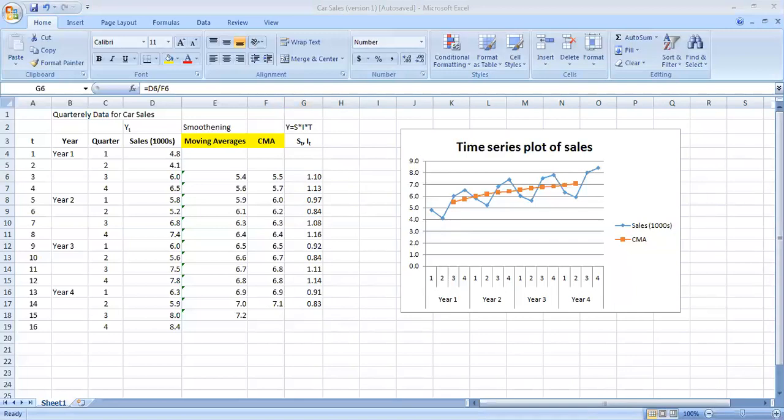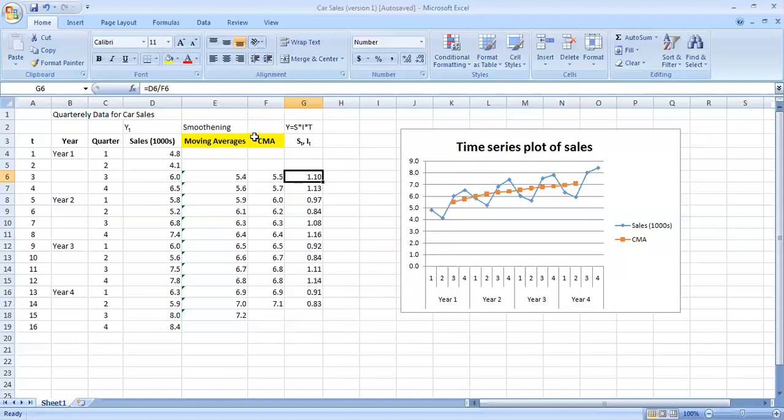What is interpreted by this 1.10 is that 1 is always the standard. If it is 1.10, that means the seasonality and irregularity factor has caused a change above the baseline.